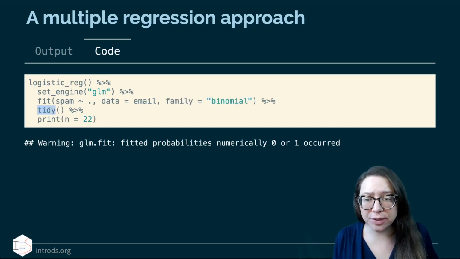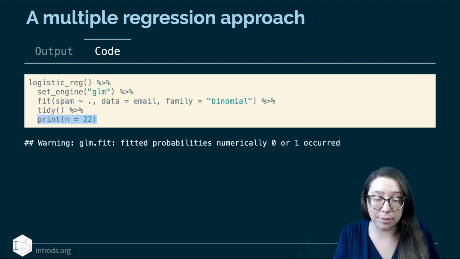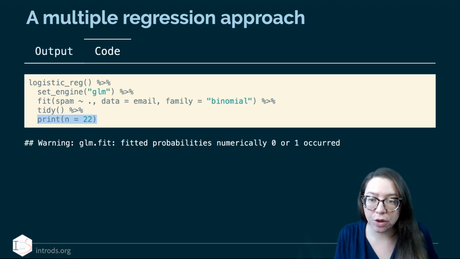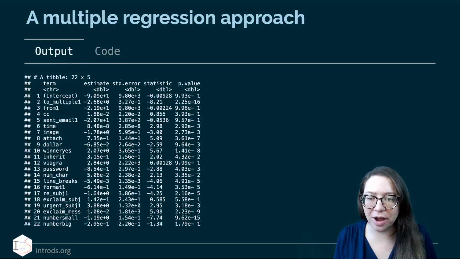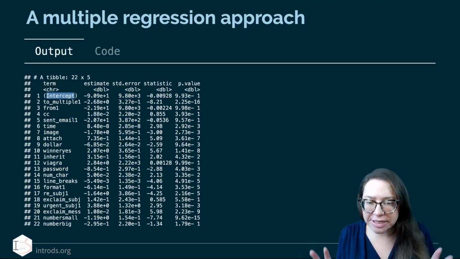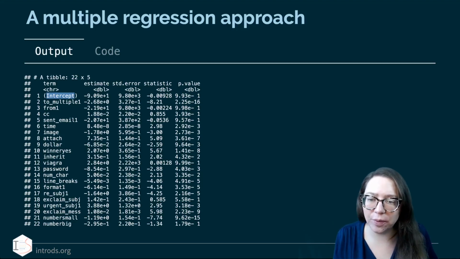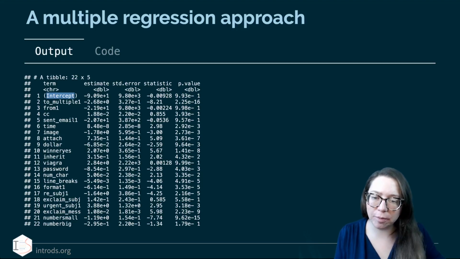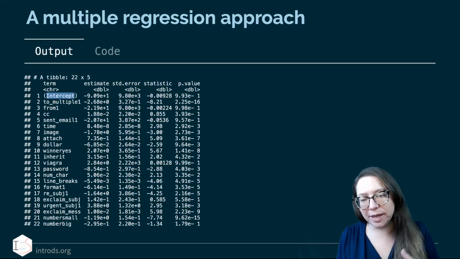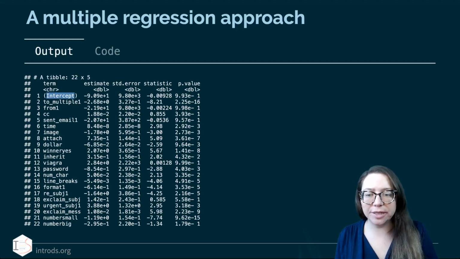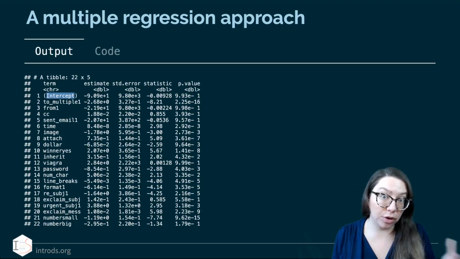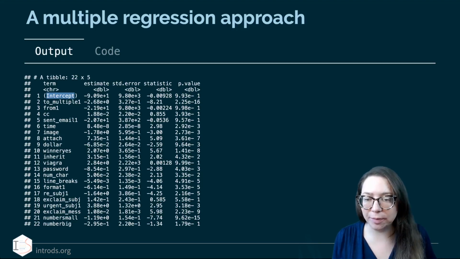And I'm also going to print out all the possible rows in this table. That's the model outcome. So there are 22 rows in our output. One of them is our intercept, and the remaining 21 are the slope estimates that we have. So we can take a look here real quick and see what, if anything, makes sense. Remember, positive values would mean that higher values of that particular variable are more likely to be associated with the email being spam.